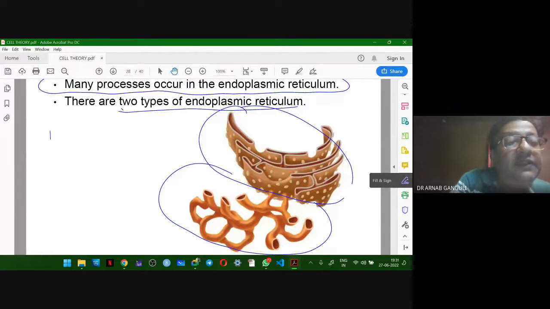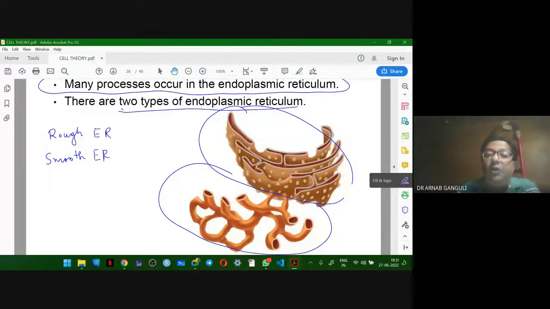So you have the rough ER and the smooth ER. On top of the rough ER, you have these little bead-like structures, the ribosomes.